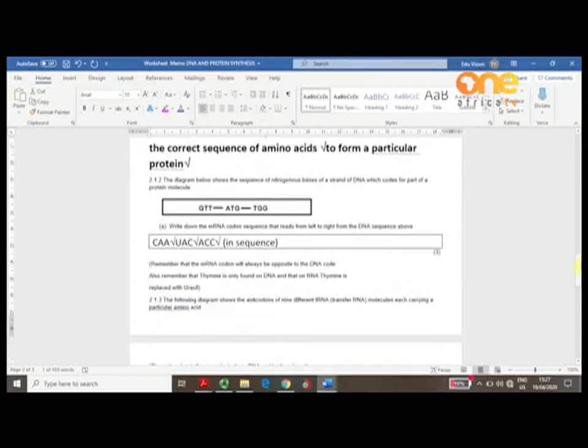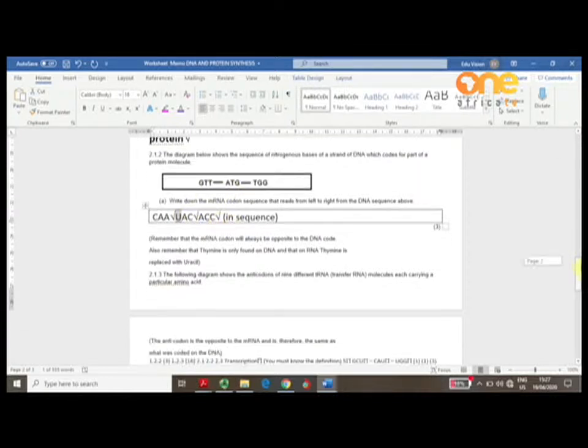The diagram below shows a sequence of a strand of DNA, which codes for part of a protein molecule. Write down the mRNA. So it's CAA, U, because of the A bonds to U, and this must be in this correct sequence.